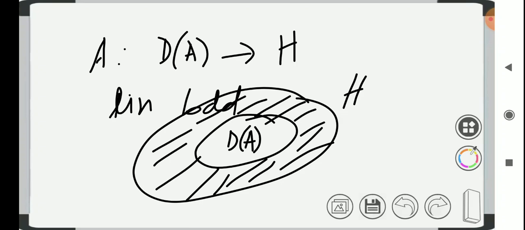This was all about some basic properties of symmetric operators.